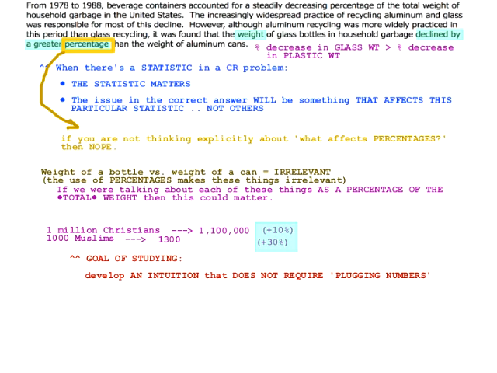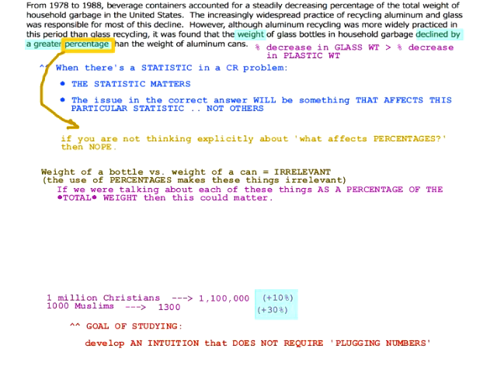The other thing that doesn't make any difference, aside from glass bottles themselves being heavy, is the relative amounts of them. Just like we don't care if there are 1 million Christians here if we're comparing these two blue percentages. So the overall preponderance of, is preponderance just meaning which one there is more of, glass versus aluminium if you're not from the United States.